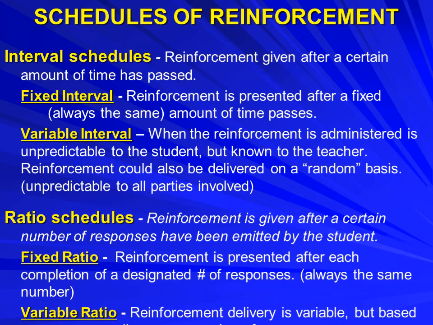But once we've built the behavior and strengthened it with fixed ratio, we may decide to go to a variable ratio schedule where the youngster is unaware of how many times he or she must show the behavior in order to get reinforcement. It may average out to every fifth time, but the youngster doesn't know whether this time he has to display it 3 times, 7 times, 9 times, 1 time in order to get that reinforcement.